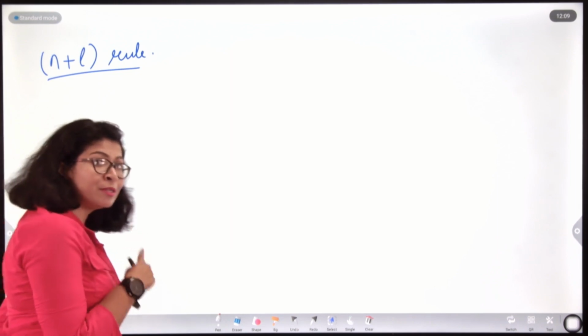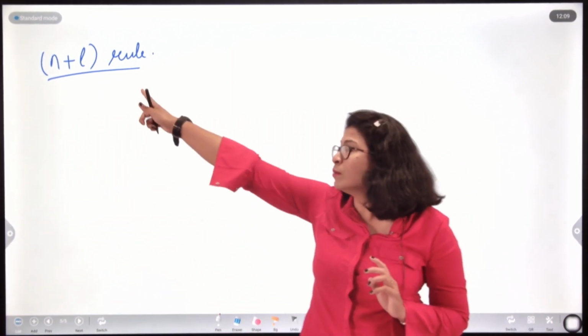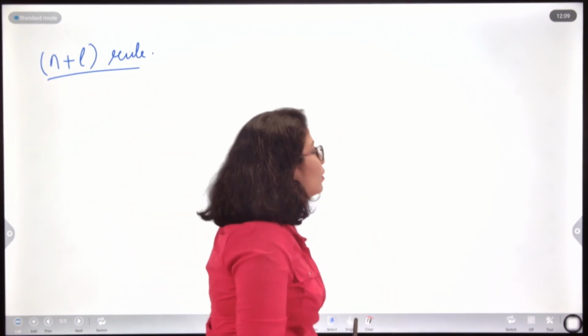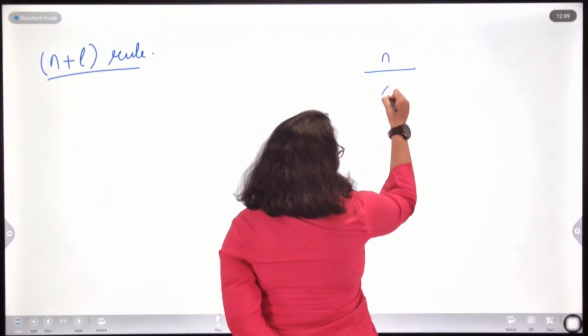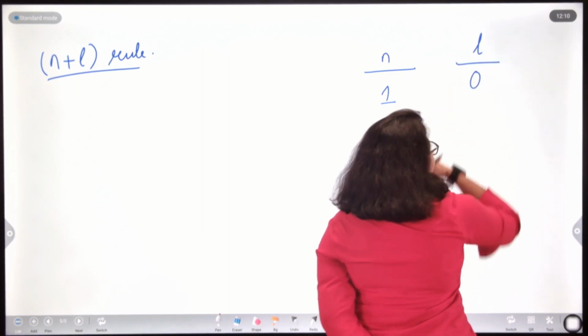Before going to the n plus l rule, you have to understand what n is and what l is. n is the principal quantum number, l is the azimuthal quantum number. If the principal quantum number is 1, the value of l will be 0.